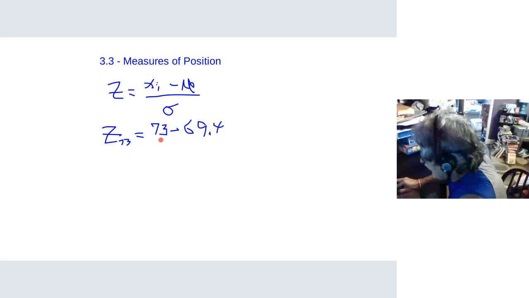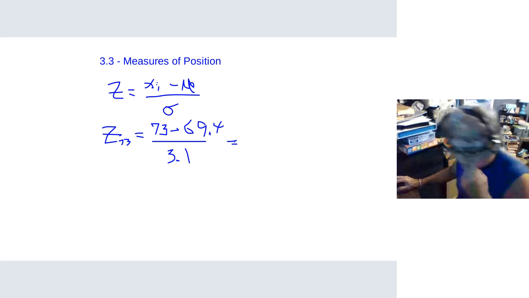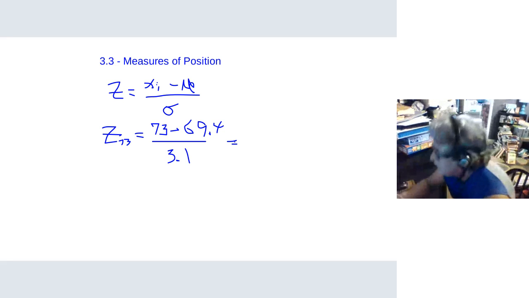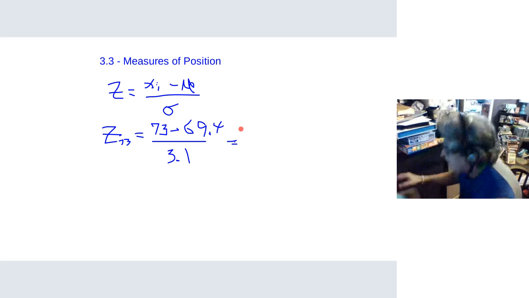And I think it was 3.1. And yes, it is. And so what does that come out to at the top? Say 73. 3.6. Thank you. 3.6, right?